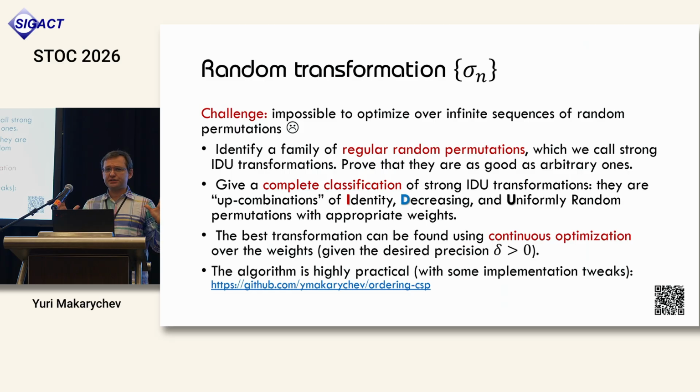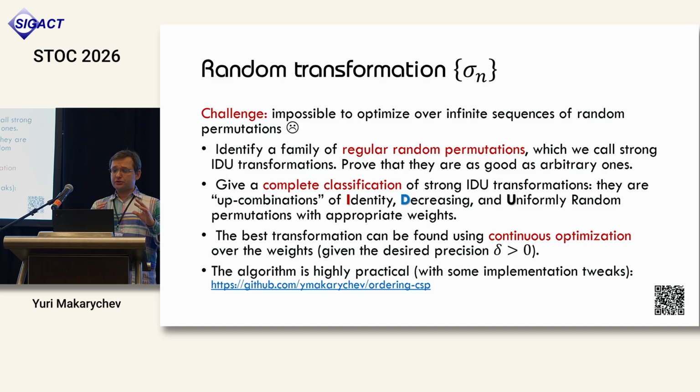Now, the main challenge with this approach is how do we choose this infinite family of random permutations. There is no succinct representation for that, or even finite representation for that, and our goal is to optimize over them. And we do that as follows. First, we identify a class of regular random permutations, a very regular structure, and we show that these permutations are as good as arbitrary permutations.